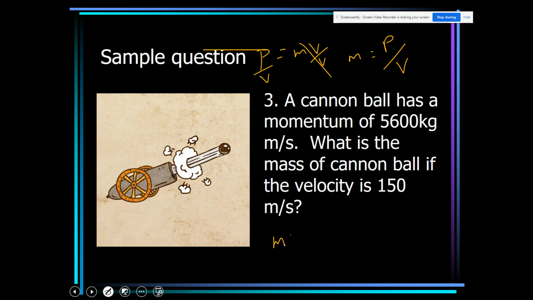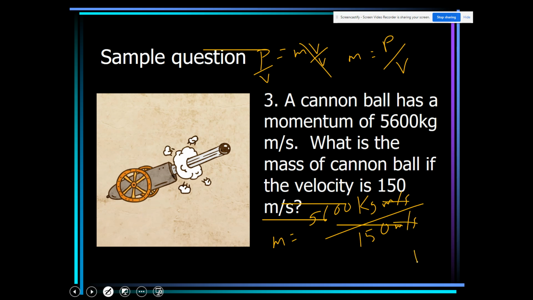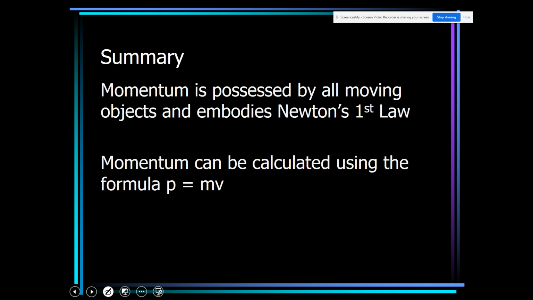What do I have for my momentum? 5,600, divided by 150 meters per second. Notice the meters per second cancel out, and we're left with kilograms for our answer. So go ahead and plug that into a calculator. 5,600 divided by 150. I think you get something around 37.3 or so.